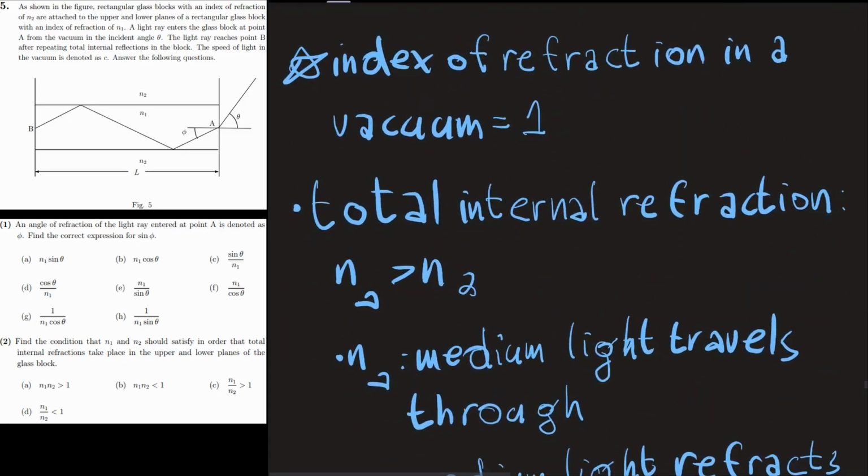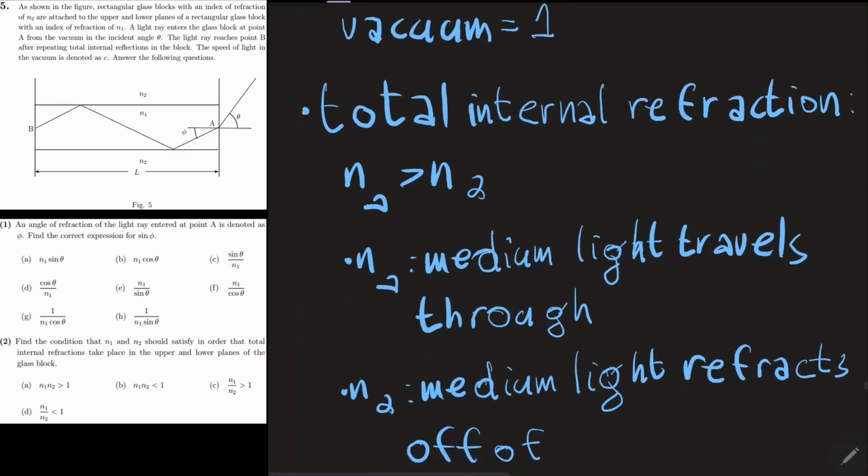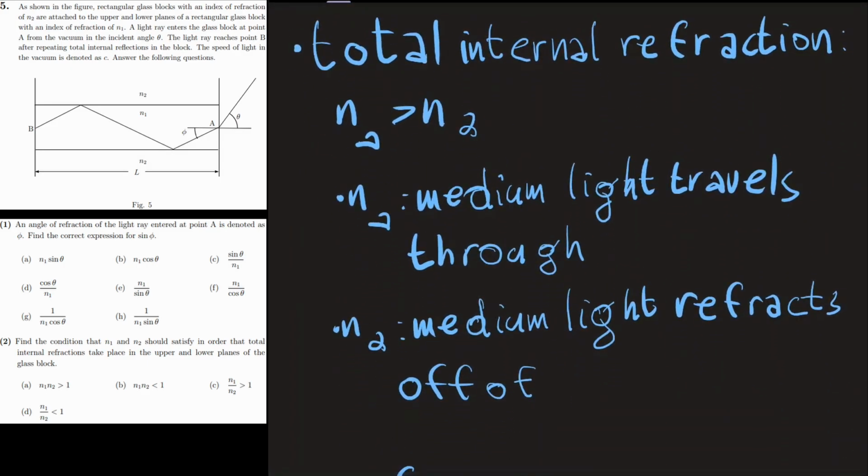So next important thing to remember is just that the index of refraction in a vacuum is equal to 1. Then you need to know the conditions for total internal refraction, and total internal refraction is just when light reaches a boundary between two mediums, rather than refracting into the second medium, it completely bounces off.